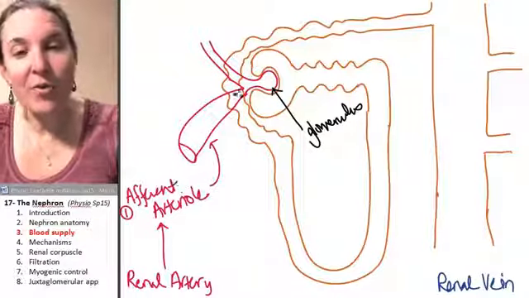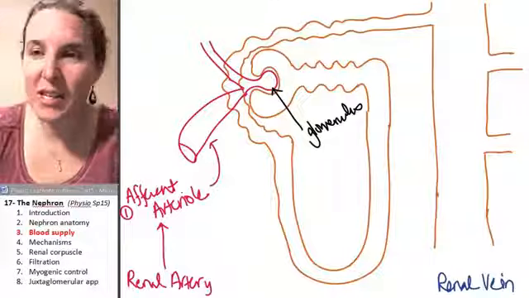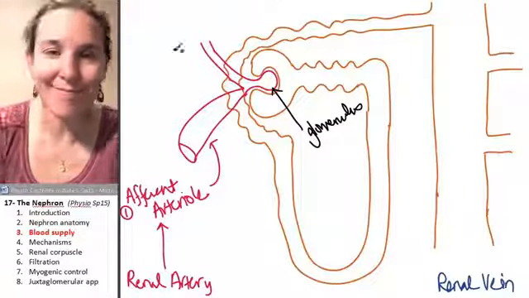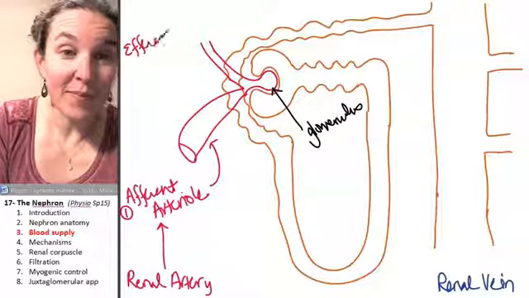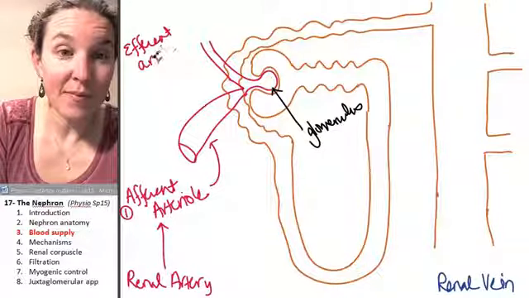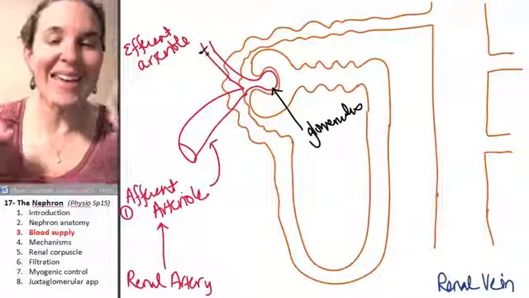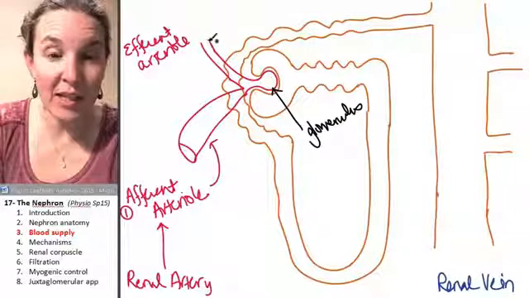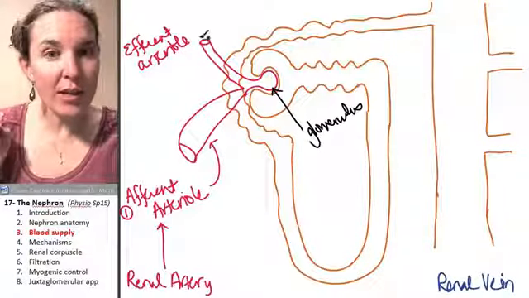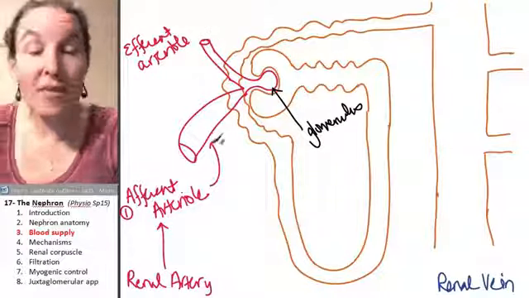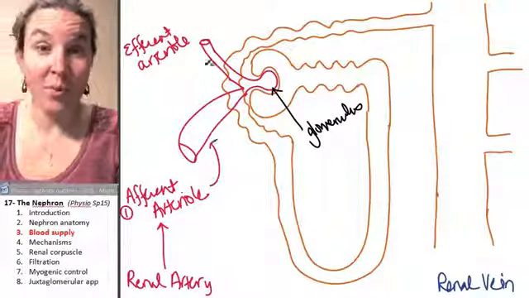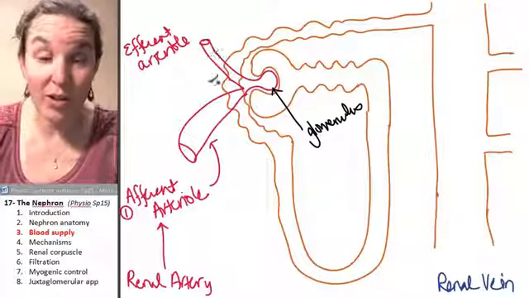Afferent arteriole feeds in. Guess who feeds out? The efferent arteriole. And here's something that is really interesting. Notice, if you will, the different diameter of the afferent arteriole as opposed to the efferent arteriole.